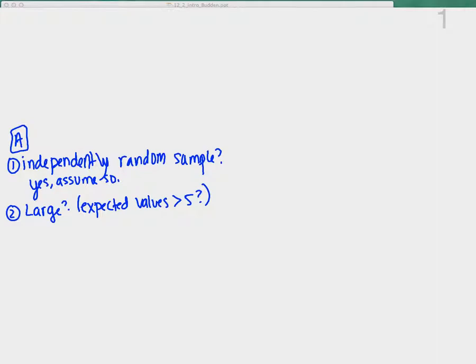Okay, this is the only part that kind of sucks a little bit, is the way you would calculate the expected values. The expected value is the row total multiplied by the column total all over the grand total.